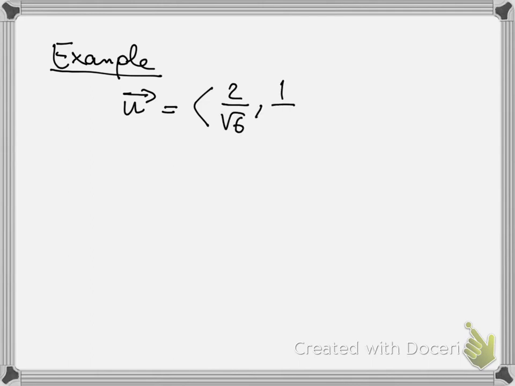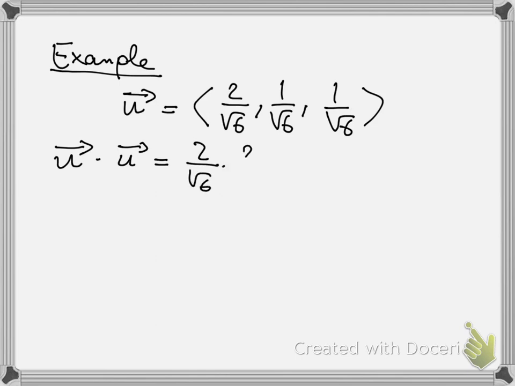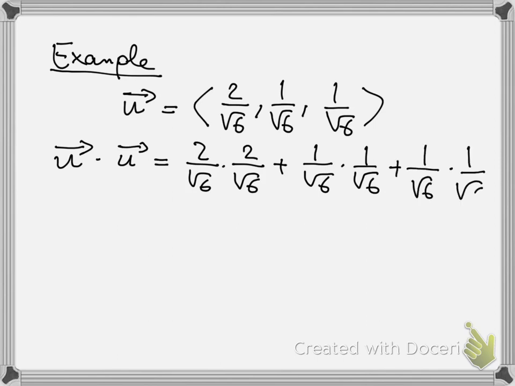Okay, so for example, let's say the vector U is equal to 2 over square root of 6, 1 over square root of 6, 1 over square root of 6. Okay, so if you do U dot U, that's 2 over square root of 6 times 2 over square root of 6, plus 1 over square root of 6 times 1 over square root of 6, plus 1 over square root of 6 times 1 over square root of 6, right?